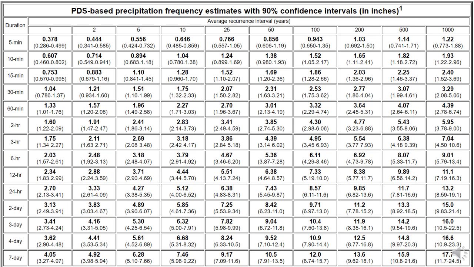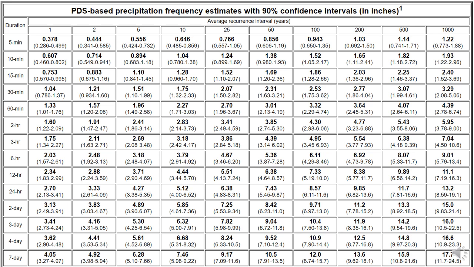The NOAA 14 tables also include some additional information, which is the range of uncertainty around that number. What that actually means is that there's a 90% chance that the actual 25-year event for 60 minutes lies someplace between 1.96 and 3.67.